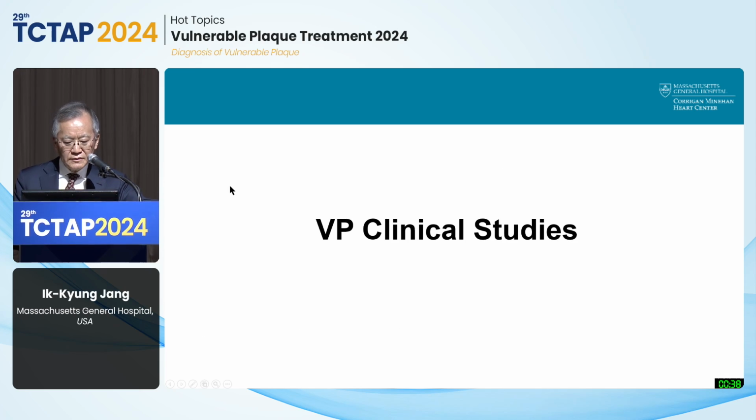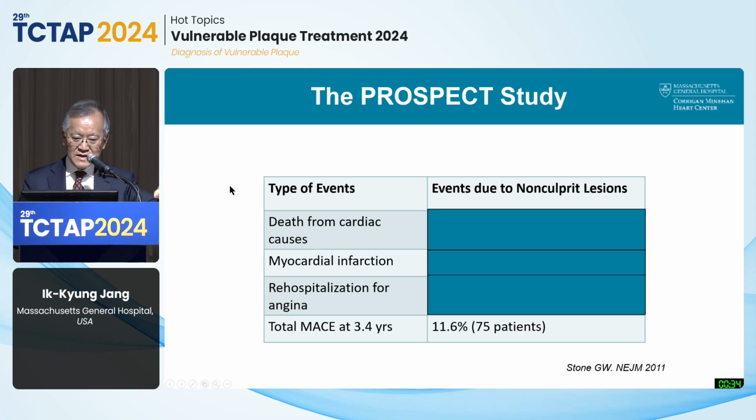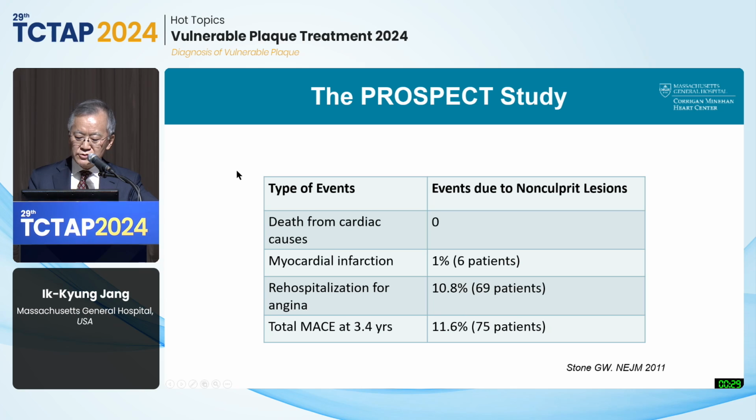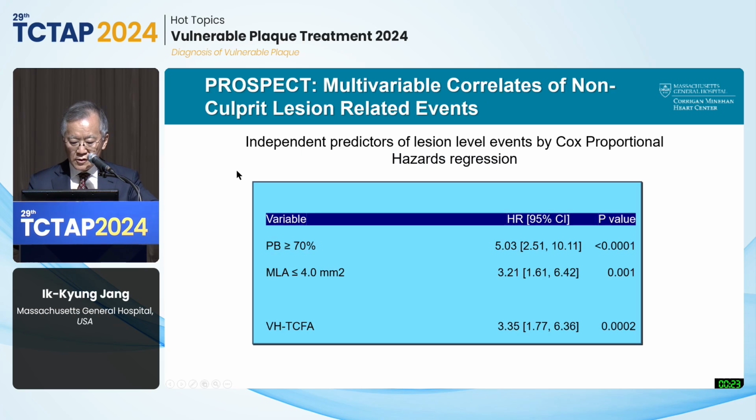So briefly, vulnerable plaque clinical research, obviously 2 landmark studies, PROSPECT and PREVENT. As you see here, what really drove the whole study is recurrent angina, not cardiac death, not MI. So Dr. Stone identified 3 predictors: plaque burden more than 70%, MLA 4.